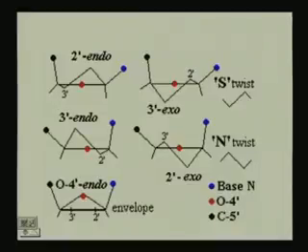Only if these are in the same positions would you have what is called an endo conformation. You would have the opposite if you had an exo. You can have a 3 prime exo, which would mean that the 3 prime carbon is away from the phosphate and the nitrogen. The 2 prime exo means that you would have the 2 prime carbon away from the phosphate and the base.